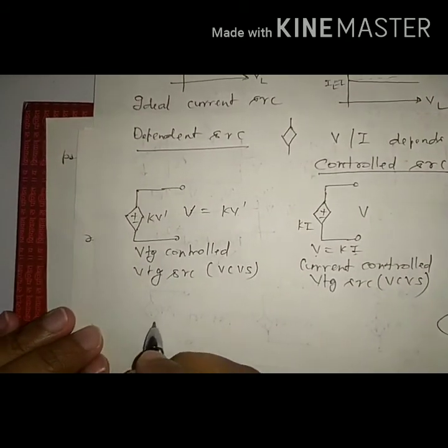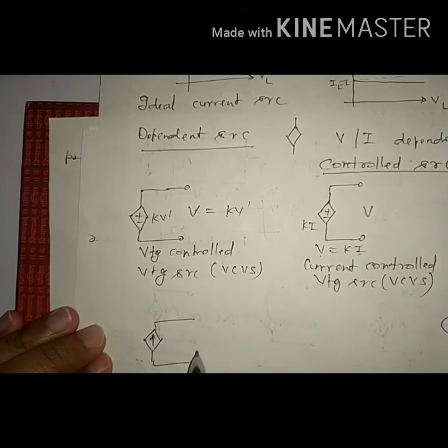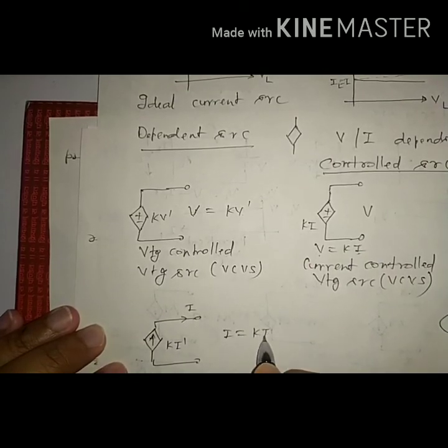And last is the current controlled current source. This is the current of the source, and it depends on some other current, so I can be written as Ki dash.